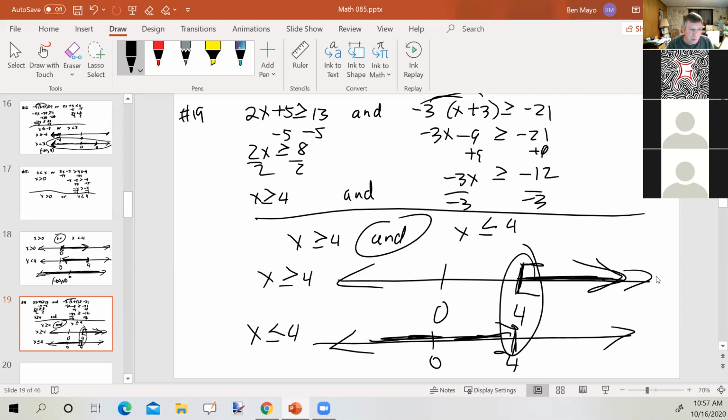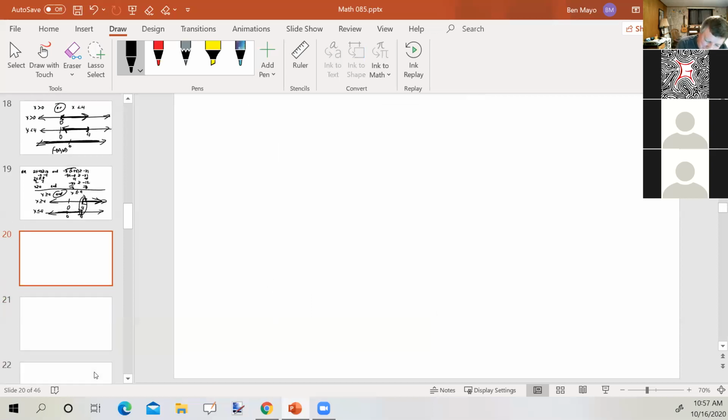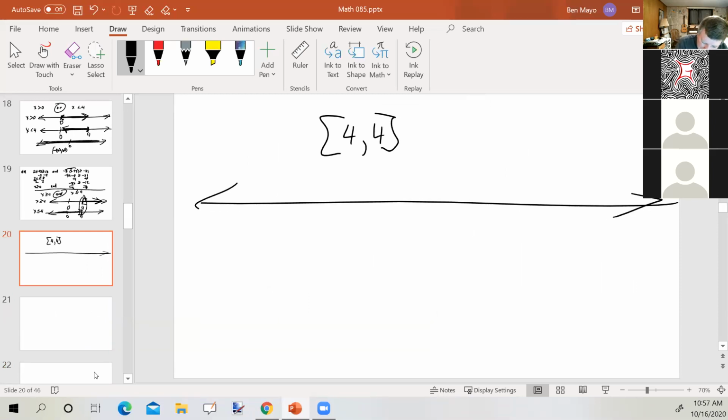So the only point that is included is 4. All right. So what's that going to look like? Well, this is kind of weird, but this is how you'd write it in interval notation. And that's how you'd graph it. So you've got the interval from 4 to 4, including 4. I know that just seems really inefficient, but that's how it's done.